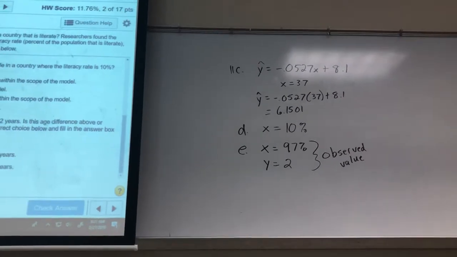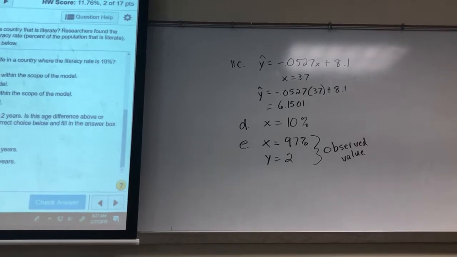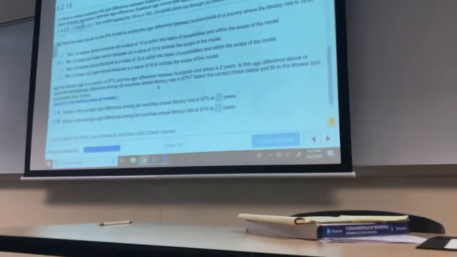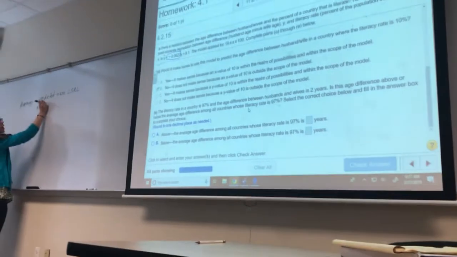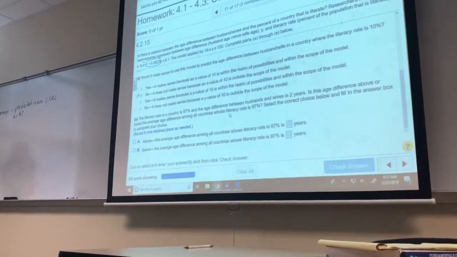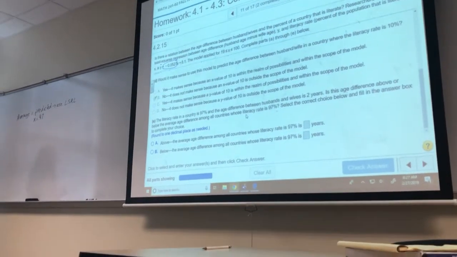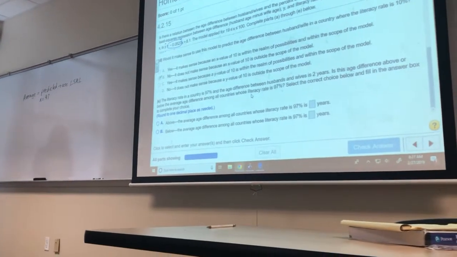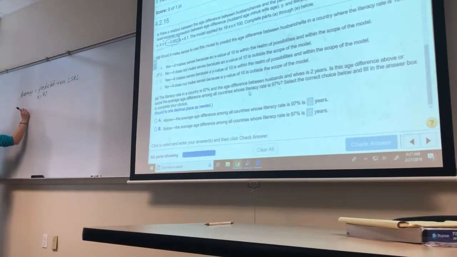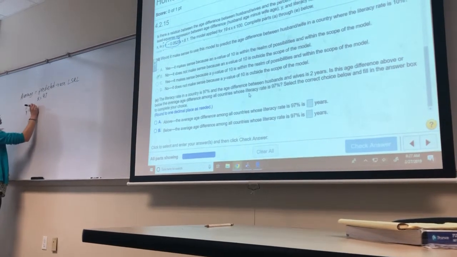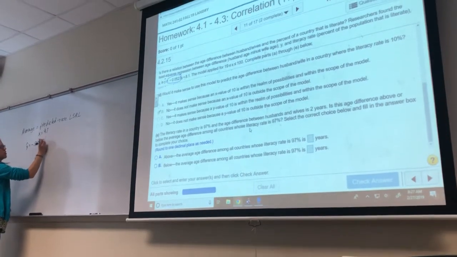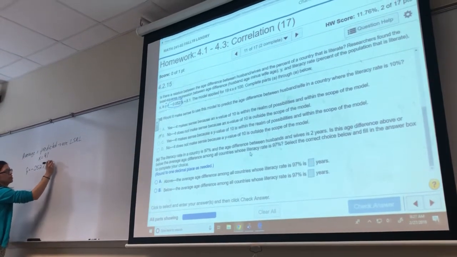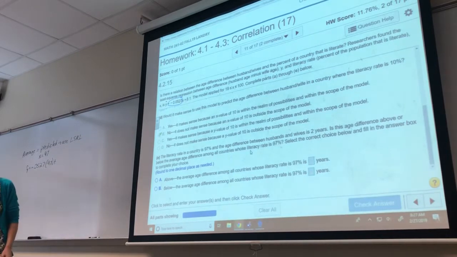And so when we use our least squares regression line, we're going to plug in our x value, which happens to be 97. We're going to put that into the formula. We're never going to put a y value into our formula and solve for x. We always only substitute the x in. So we get y hat equals negative 0.0527 times 97 plus 8.1.